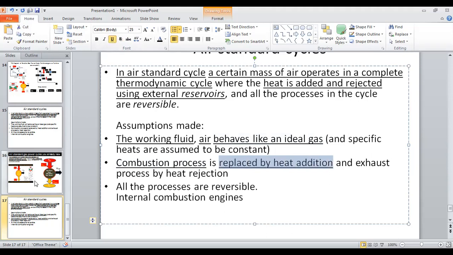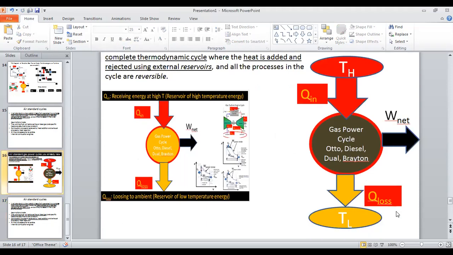Heat addition means this way. So let me take this.